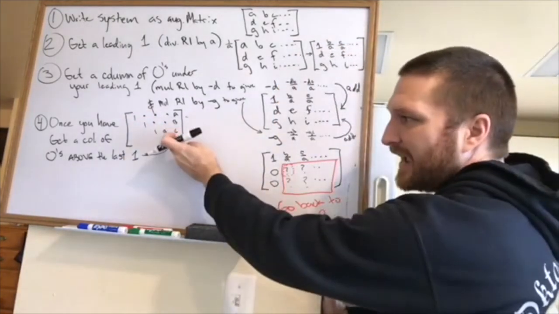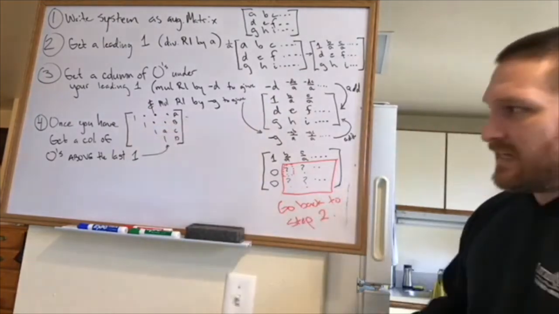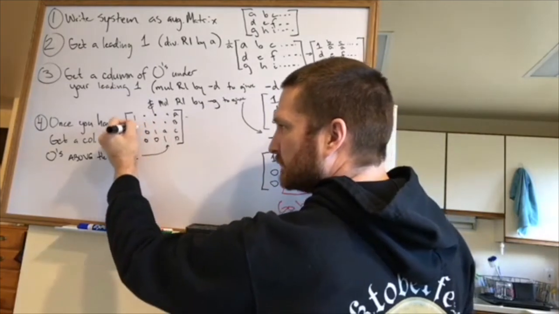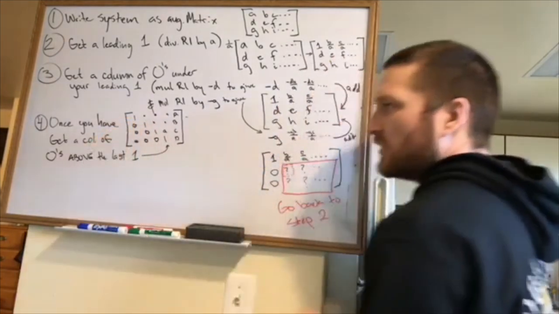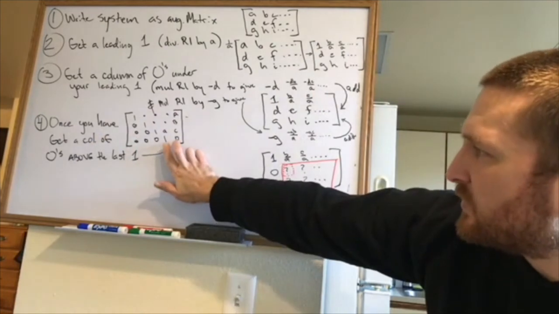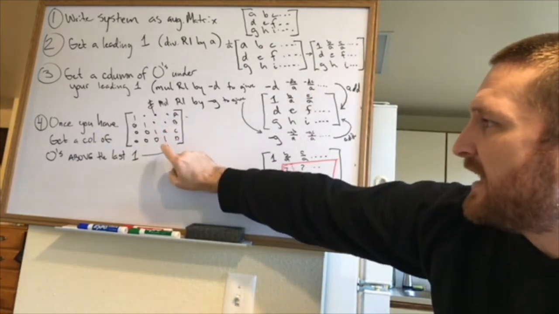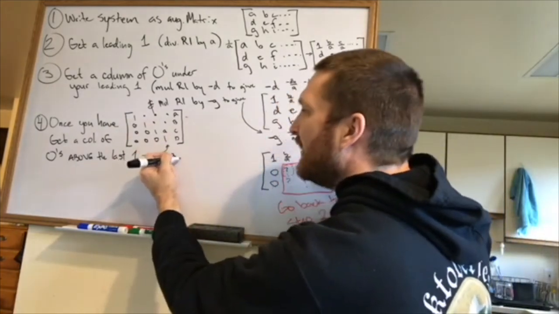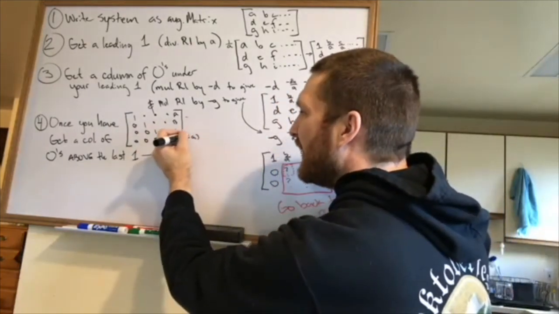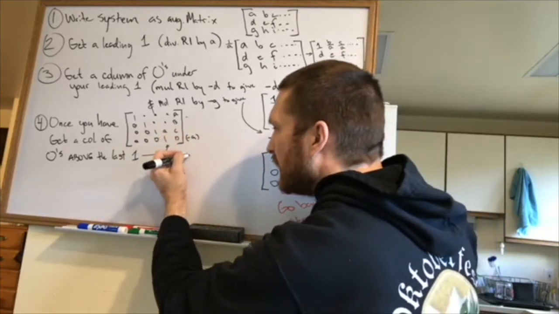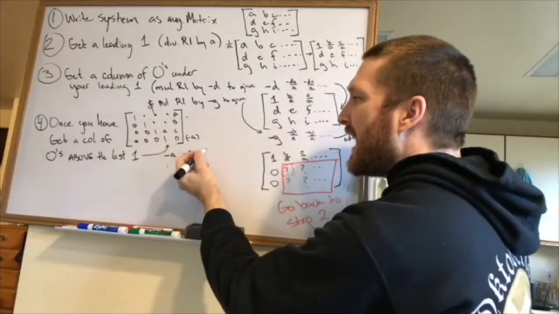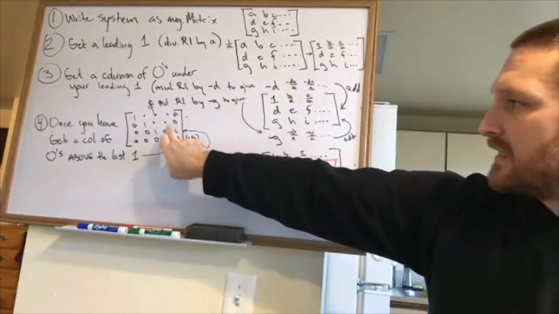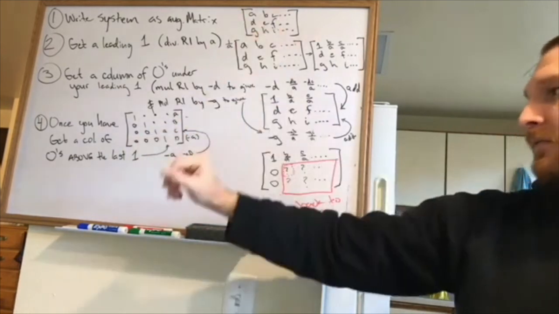To get that guy to go away, and this is a nice thing, you know that all of these are zeros too, right? So really, all we're doing is looking at those two numbers, and we're saying, well, if that's an a, we're going to have a negative a, and then negative a times big D, and we just add that to that row, and it turns that into a 0, turns that into whatever it is.